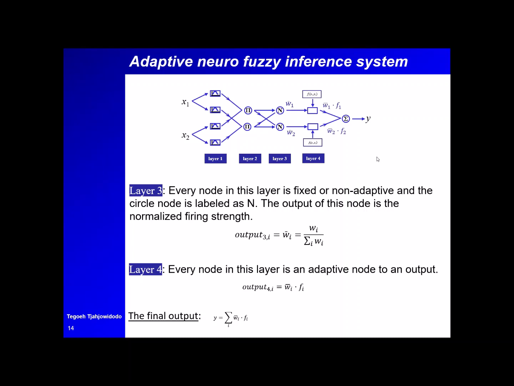One more thing that I can mention: if you look at this ANFIS structure and want to correlate it with the traditional FIS model, the first layer is nothing more than the fuzzification step. The next two layers, layer 2 and layer 3, are the modeling process.